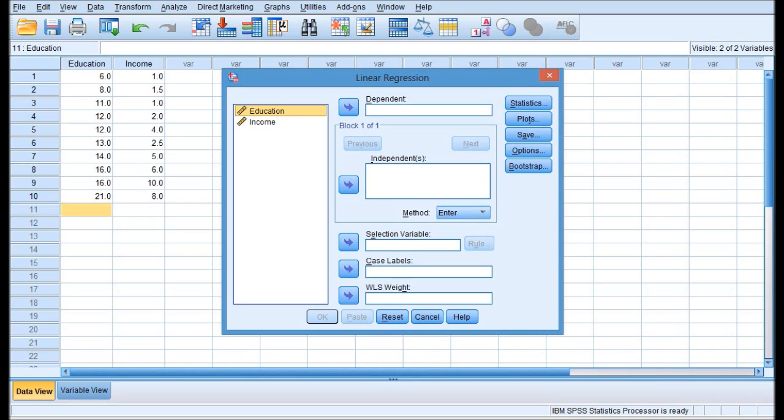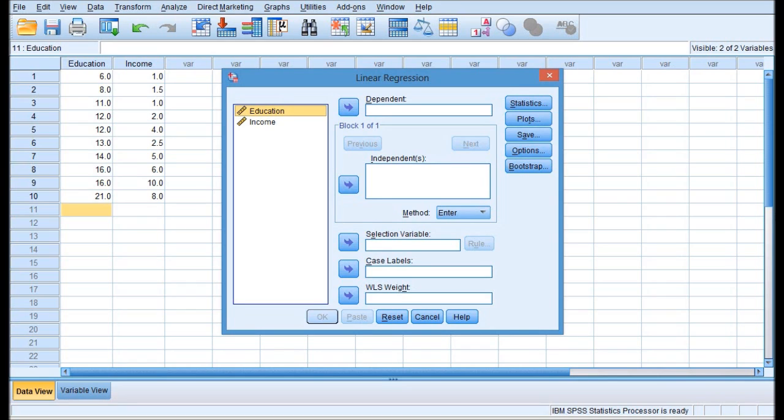Which one is the dependent variable and which one is the independent variable? Education or income? Our research interest was to see if education level influences income level.